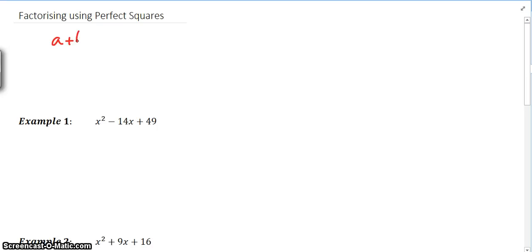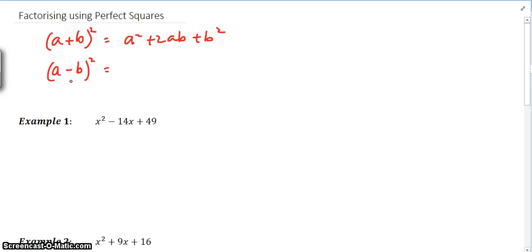We've got (a plus b) squared and (a minus b) squared. The formula was that whenever we have this particular form of expression, it turns into a squared plus 2ab plus b squared.